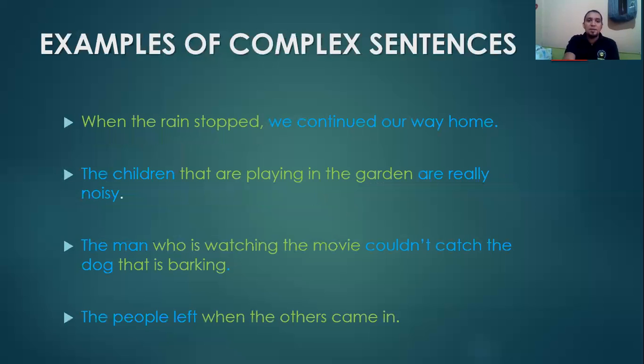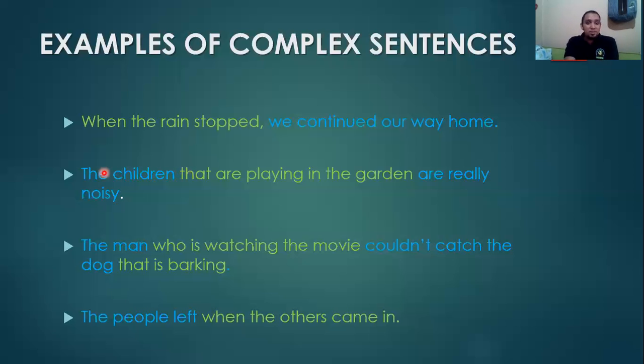So here we have examples of complex sentences. Remember, complex sentences must have 1 independent clause and 1 or more subordinate clauses. The subordinate clauses are written in green, and the independent clauses in blue. For example, when the rain stopped, we continued our way home. This is a complex sentence. Number 2, the children that are playing in the garden are really noisy. If you omit this, you can say the children are really noisy.